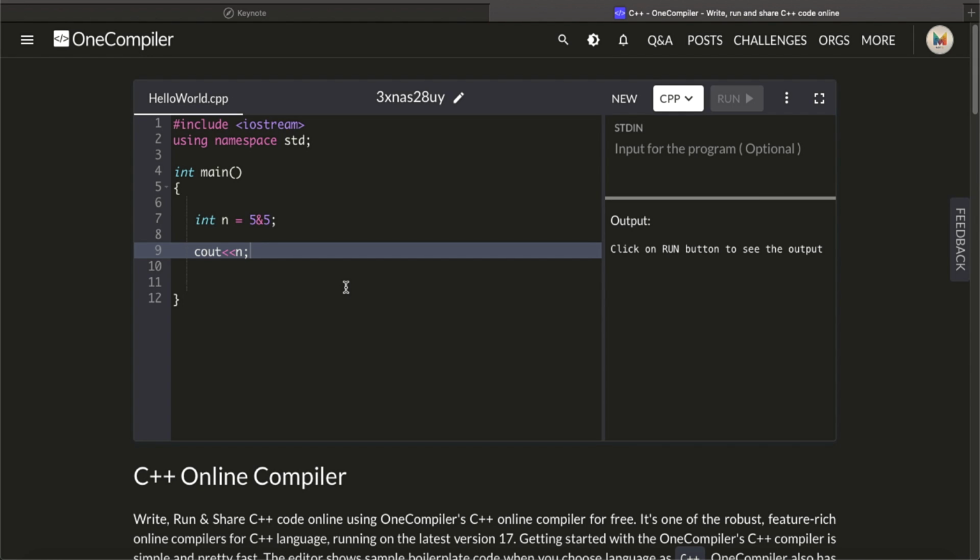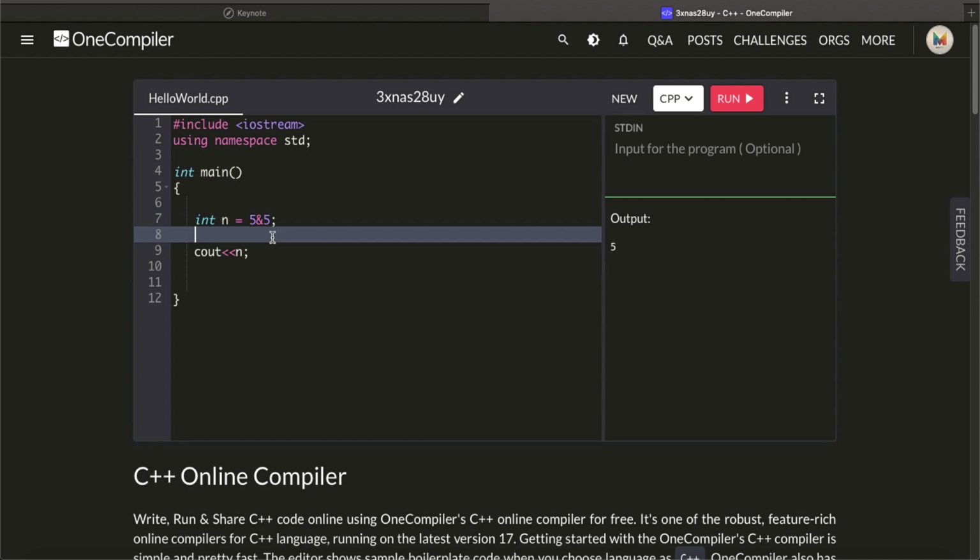Run, and we get the same number. Now we did an AND operation between two of the same number. By the way, remember this: if you do an AND operation between any two same numbers, you'll always get the same number back. This is because of binary operation, obviously.